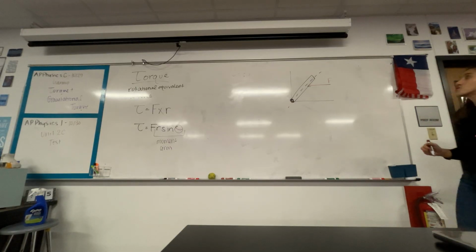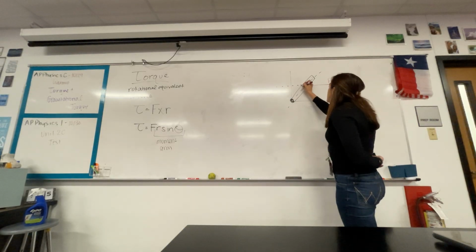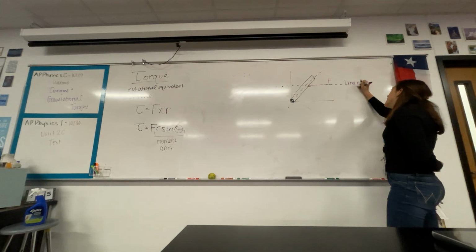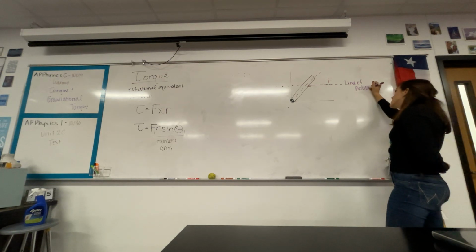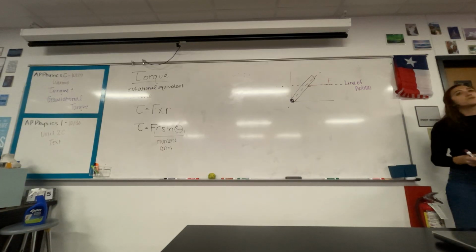So first, I draw a line of action. The line of action is through the force. So that is a line of action. The line of action is the line on which the force is acting. That's how it got its cool little name.